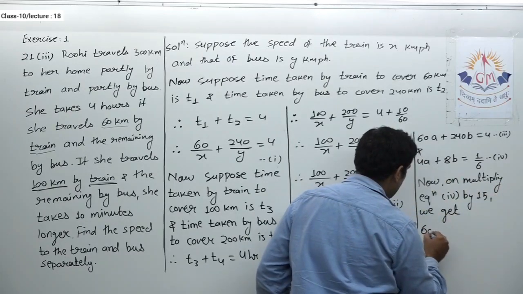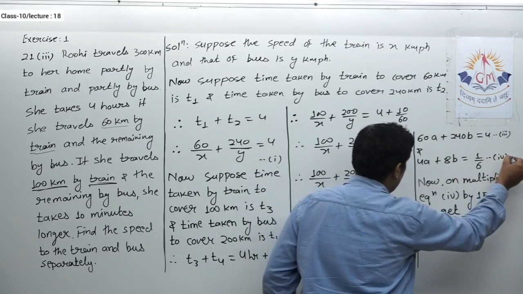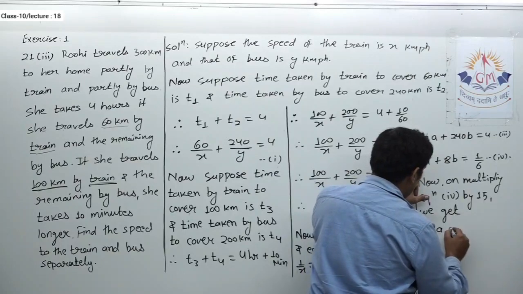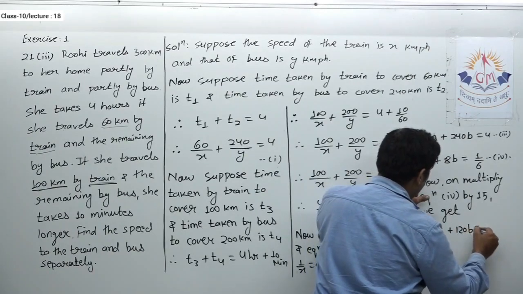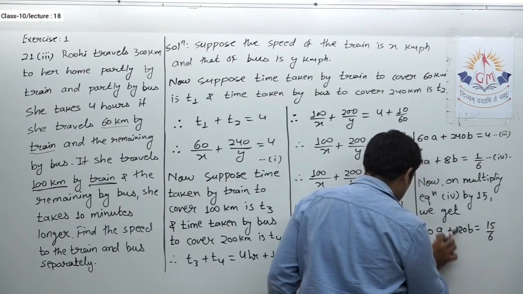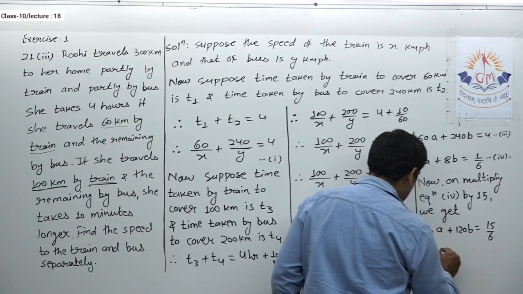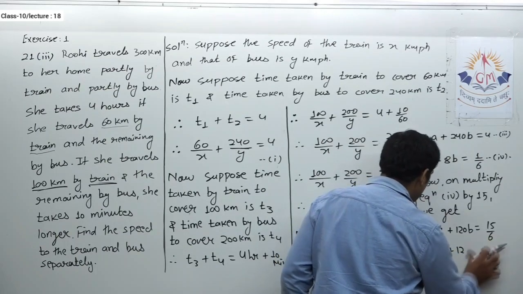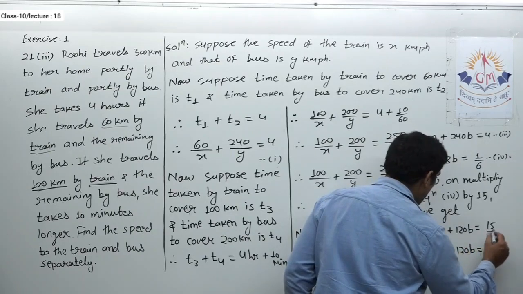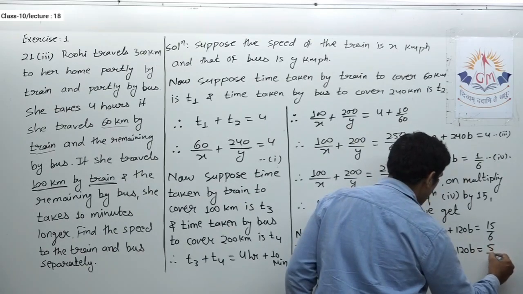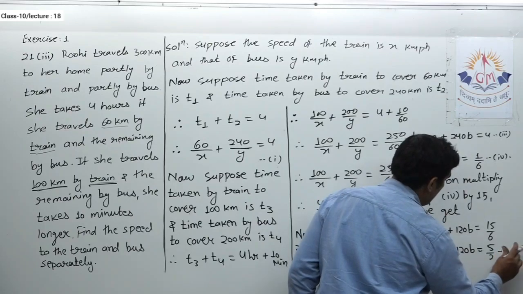So I will get 60A plus 120B, I am multiplying this equation by 15, is equal to 15 upon 6. So further I can write, therefore, 60A plus 120B is equal to, I can divide this by 3, 5 by 2. Let it be equation number 5.